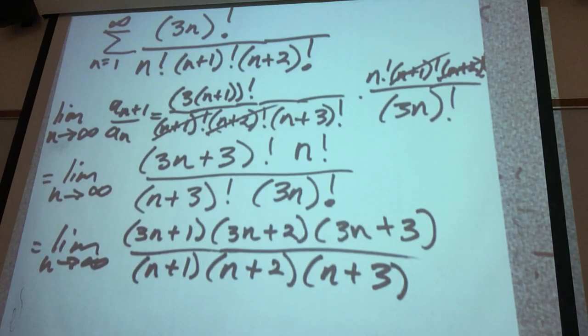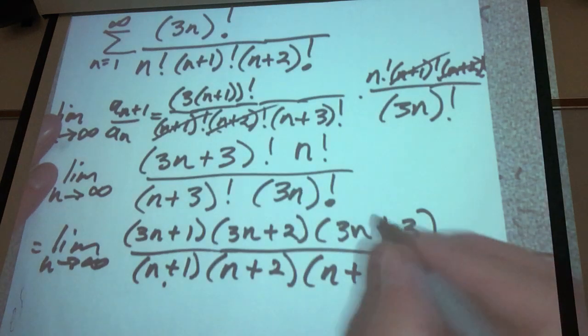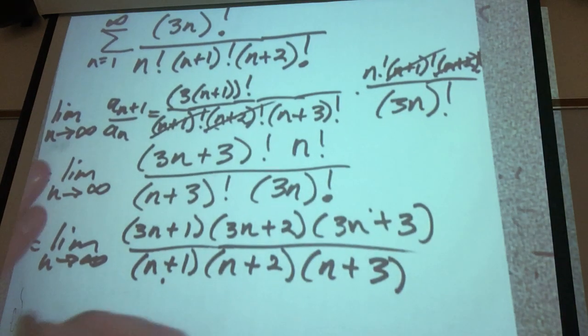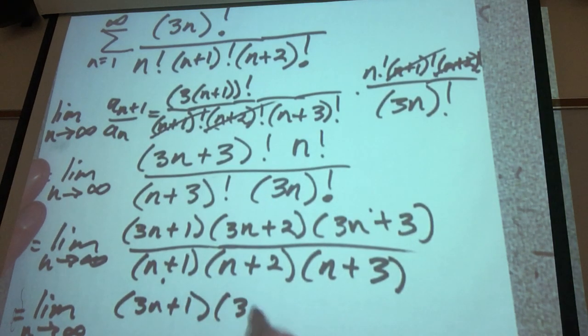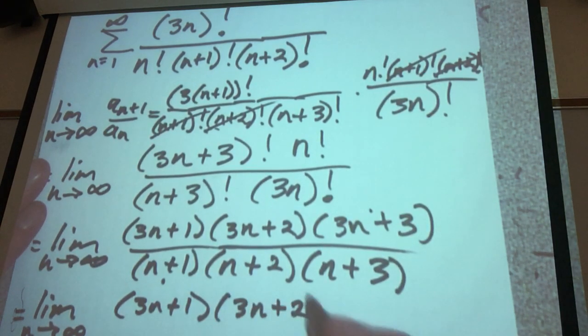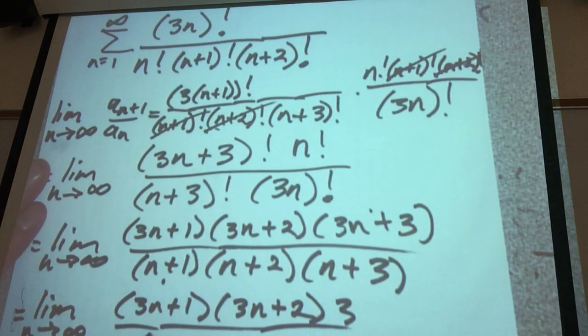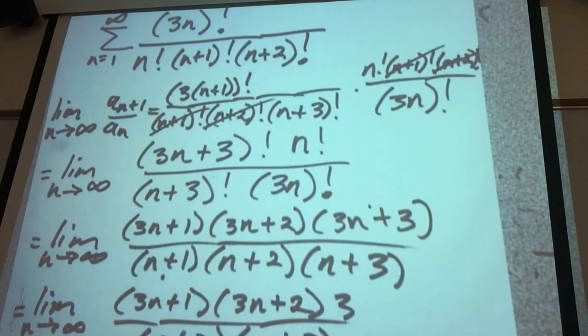Well, with this one and this one, we could say that's the same thing as writing the limit as n tends towards infinity. That would be 3n plus 1, 3n plus 2, and then multiplied by 3, and then divided by n plus 2 and n plus 3.